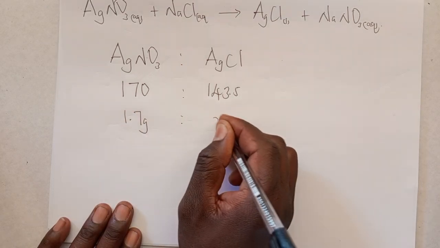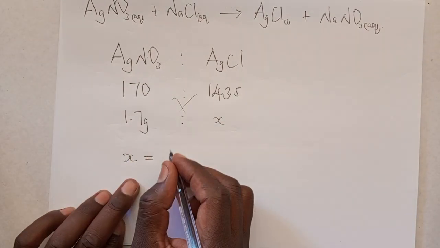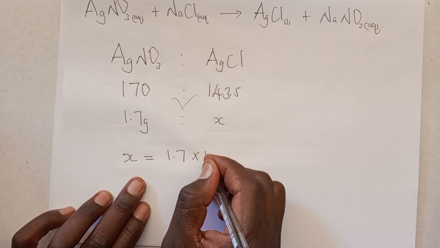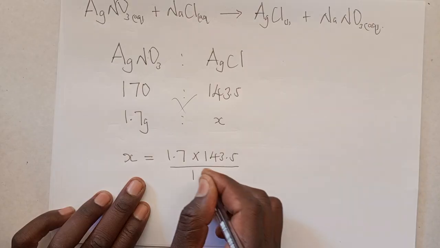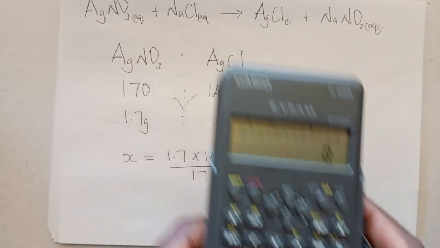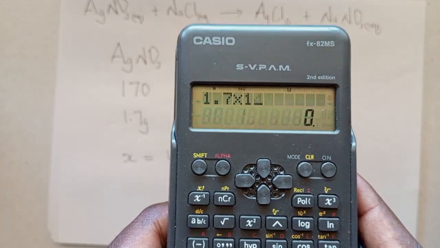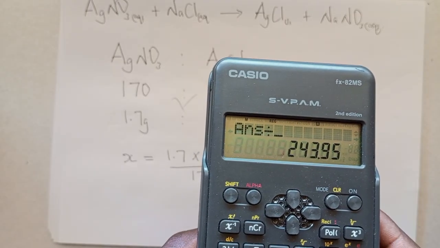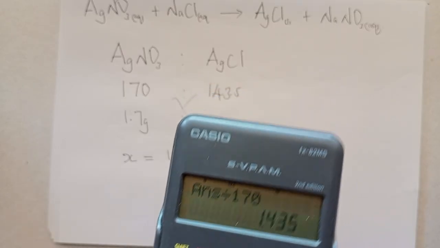What will be the mass on this side? We don't know. So we do a cross multiplication, and x is equal to 1.7 grams multiplied by 143.5 divided by 170. This gives us 1.435.